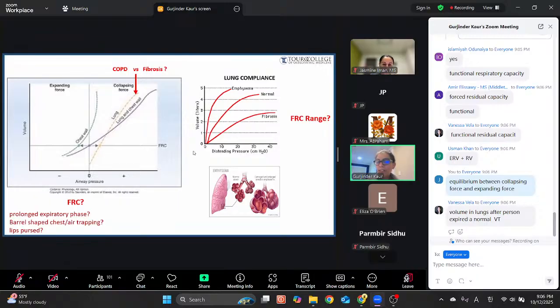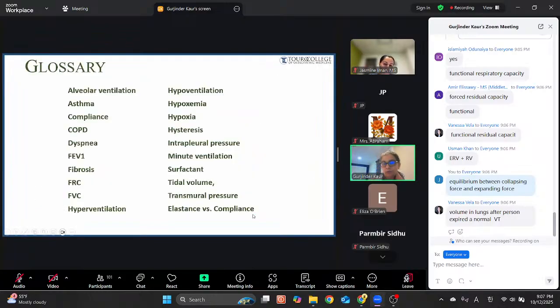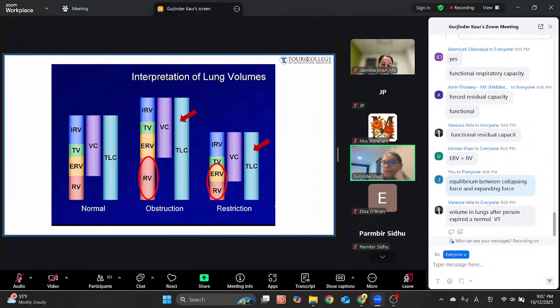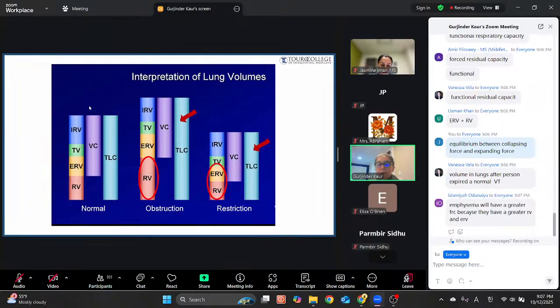Now, can anyone explain what will happen to FRC in emphysema and in the case of restrictive disease? If you think of the previous slide that we went over, you can remember this.